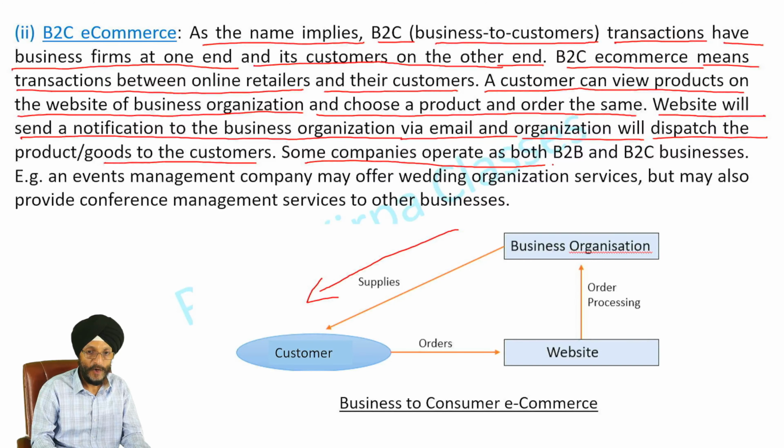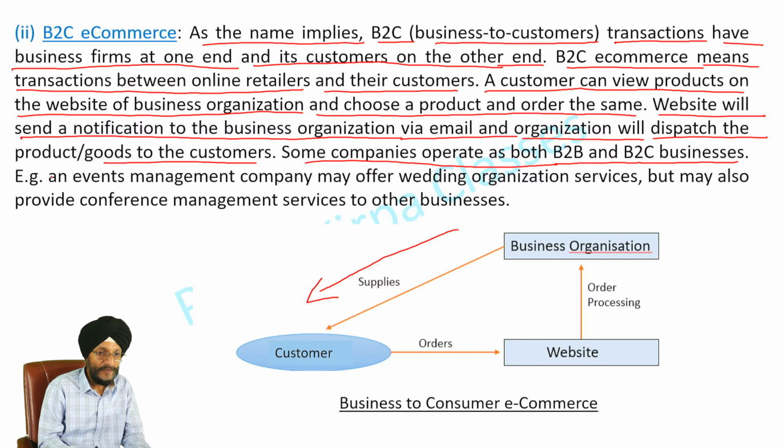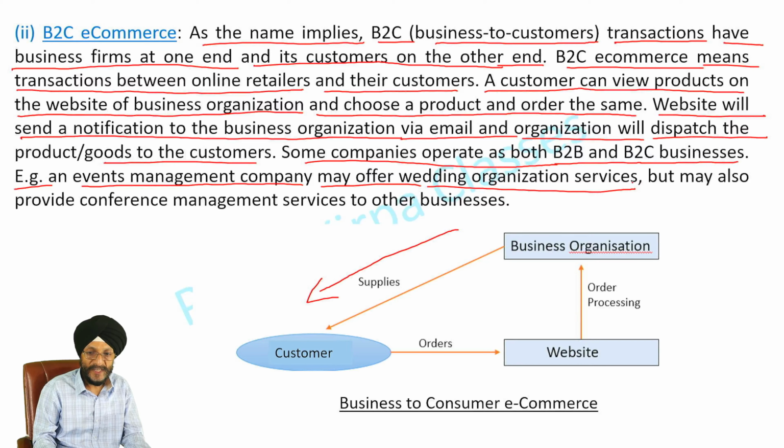Some companies operate as both B2B and B2C businesses. For example, an events management company may offer wedding organization services and at the same time may also provide conference management services to other businesses.